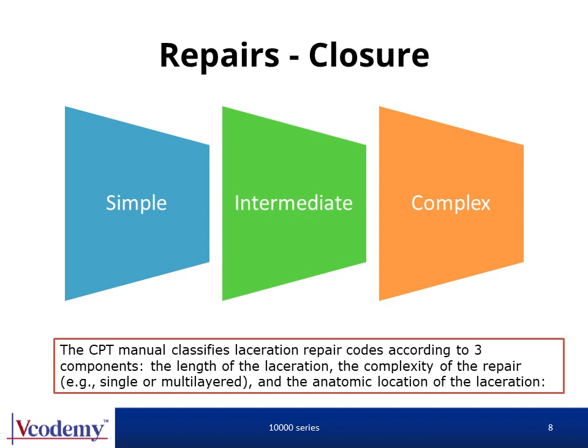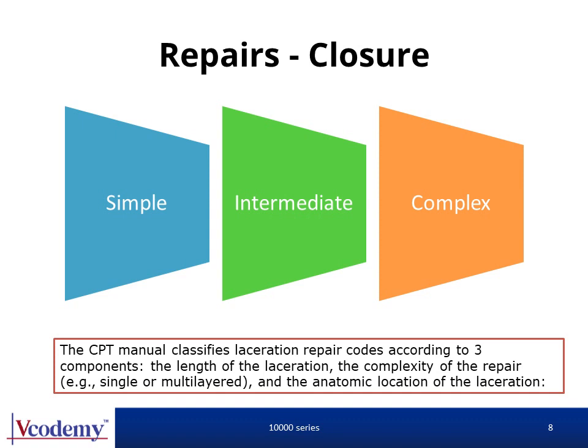A complex wound repair code would be used for repairs that, in addition to the requirements for intermediate repair, require at least one of the following: exposure of bone, cartilage, tendon or named neurovascular structure; debridement of wound edges, for example traumatic lacerations or avulsions; extensive undermining, defined as a distance greater than or equal to the maximum width of the defect, measured perpendicular to the closure line along at least one entire edge of the defect; involvement of free margins of helical rim, vermilion border or nostril rim; placement of retention sutures. So all these fall under the complex closures.